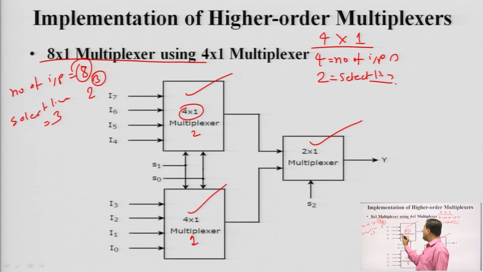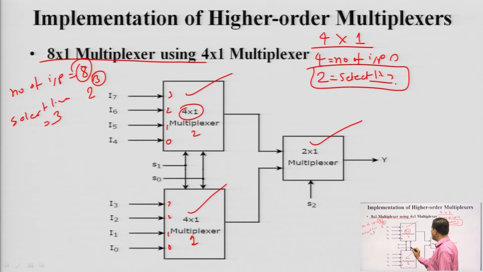Here these 4 inputs are 0, 1, 2 and 3, and they are also 0, 1, 2 and 3. Got it. Now, we have 2 select lines for the 4 cross 1 multiplexers. So, S 1 and S naught are joined like this, and these 2 outputs are coming to the 2 cross 1 multiplexer, because here there are 2 inputs 0 and 1 and it has one single select line.